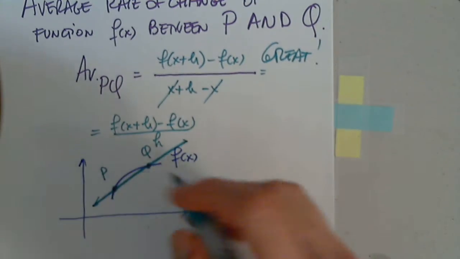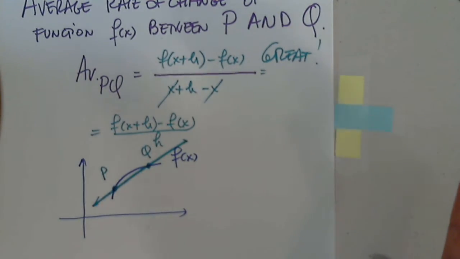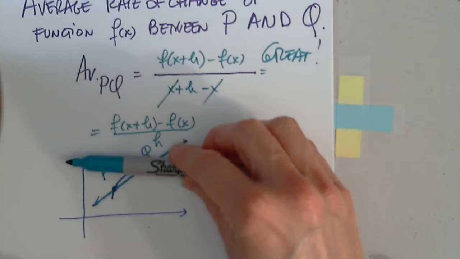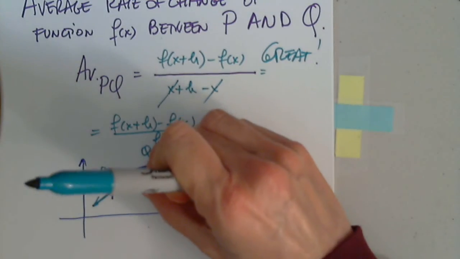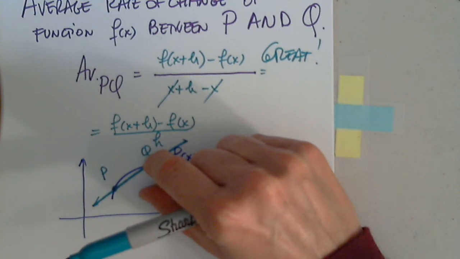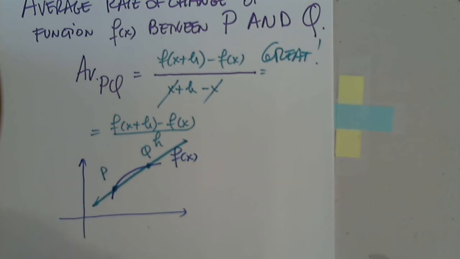We don't have to draw this. We drew it because I want you to see what this represents, but I don't have to. The average rate of change between P and Q is still the same: the rise over run, how much this y increases versus how much x is increasing.